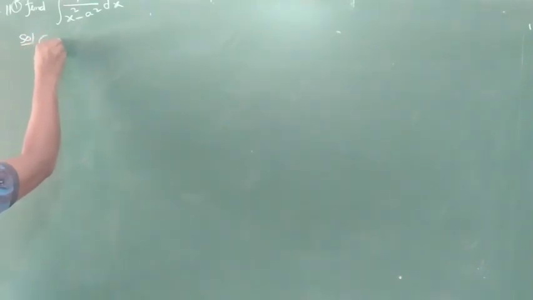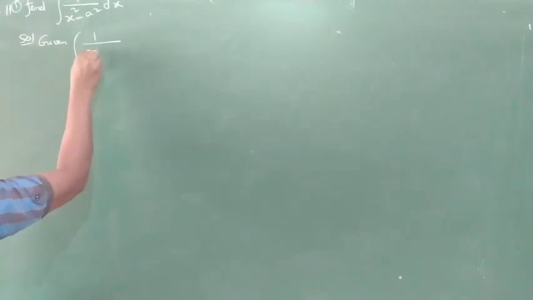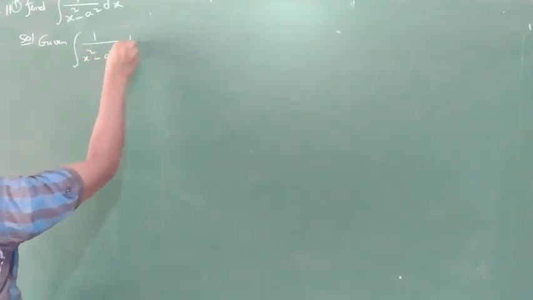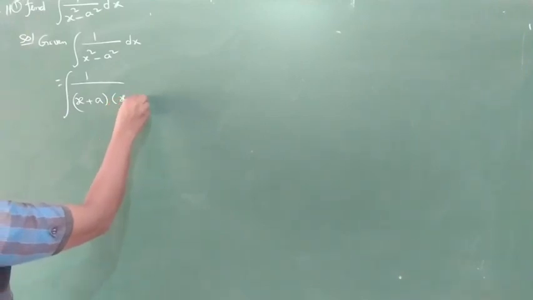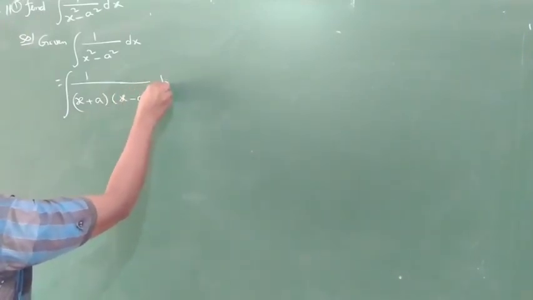So solution: given integral 1 by x square minus a square dx is equal to integral, listen carefully, using the a square minus b square formula, a square minus b square is equal to a plus b into a minus b, so 1 by x plus a into x minus a dx.